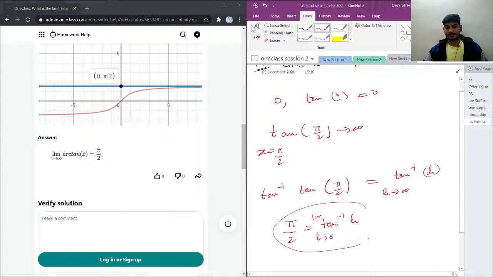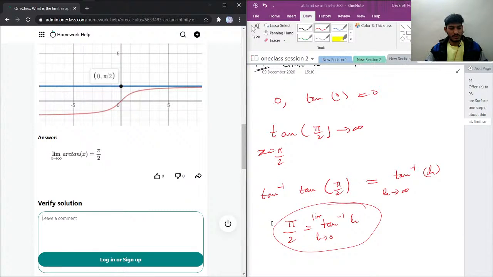So the solution given here is correct. Great job.